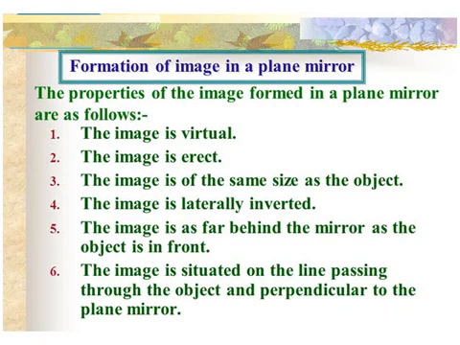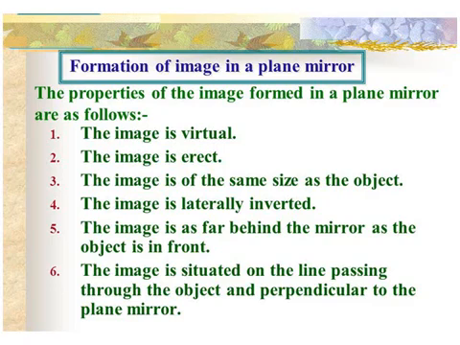Similarly, we will now revise the formation of image in a plane mirror and the properties of the image formed in a plane mirror. First, the image is virtual. Second, the image is erect.